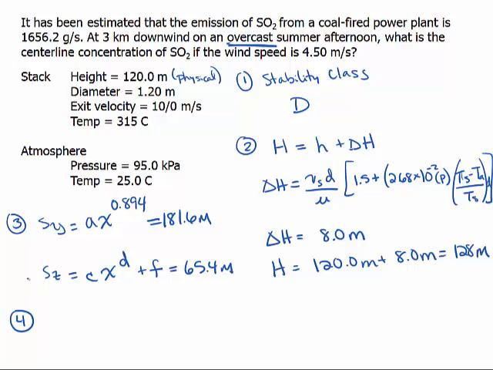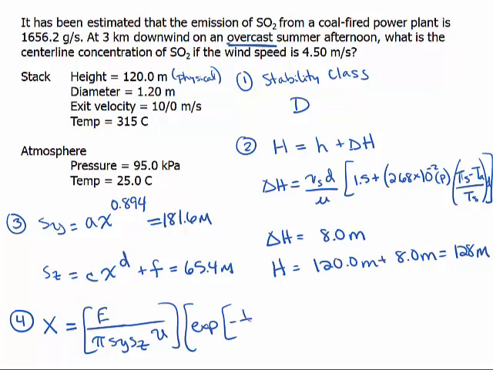The fourth thing that you'll do is use the long form of the equation, because no inversion is present, to solve for the concentration. That equation is E divided by pi S of y S of z mu, times e to the exponent negative 1/2 y over S of y squared.